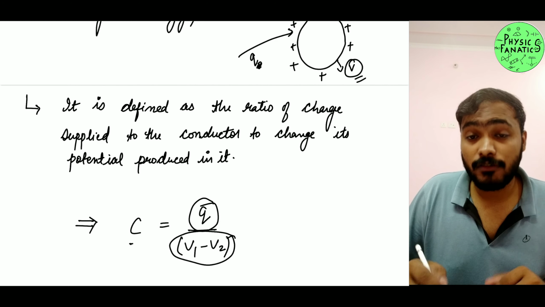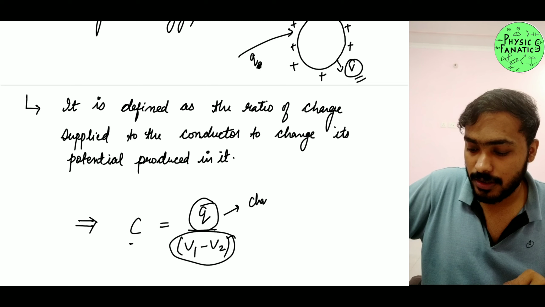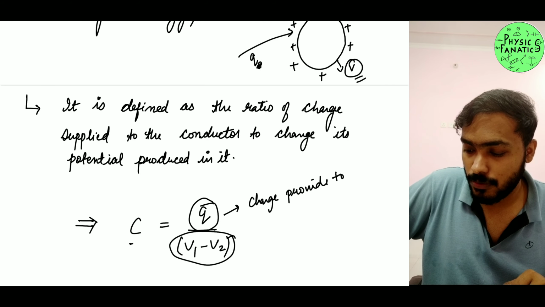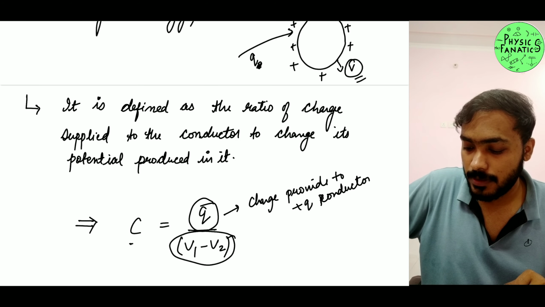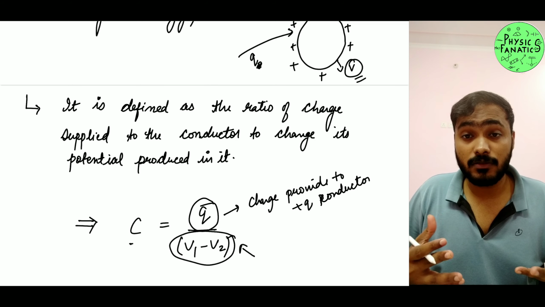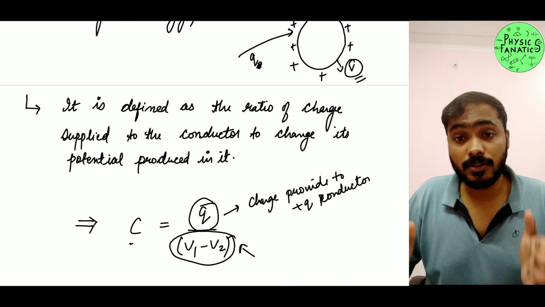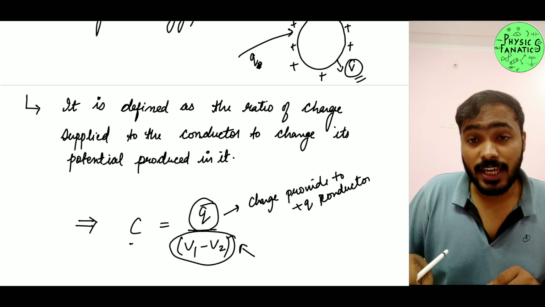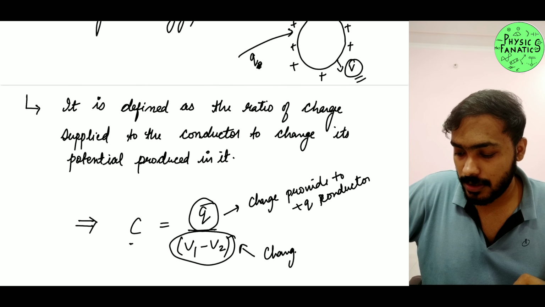So the ratio of charge: this Q is the charge provided to the plus Q plate or plus Q conductor, and V1 minus V2, where V1 is the potential of your first conductor and V2 is the potential of your second conductor, is the change in potential produced in it.